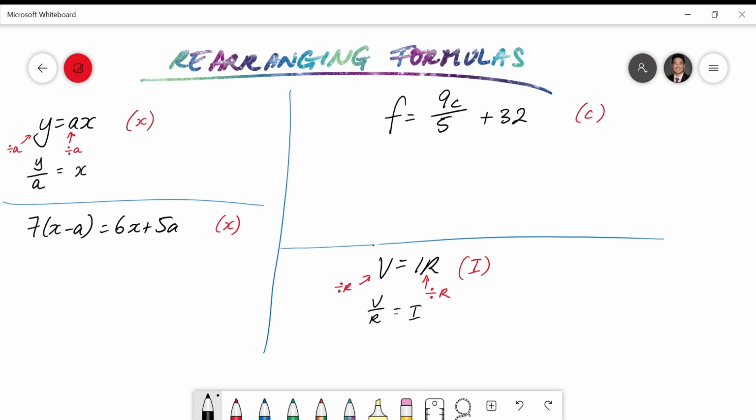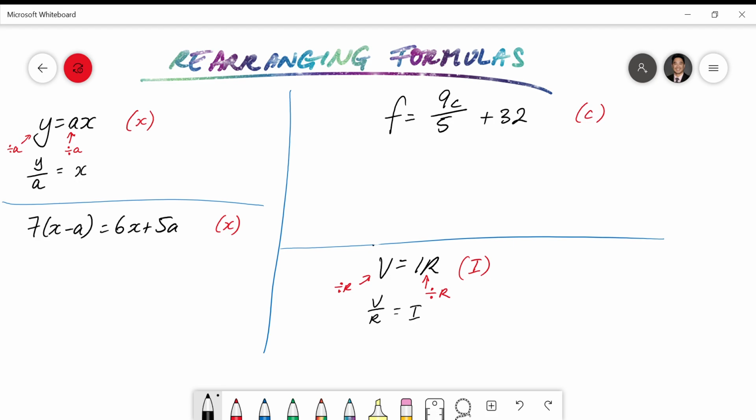Let's move on to the top right. This is a common formula for converting Fahrenheit to Celsius or Celsius to Fahrenheit. In this case, if we want to know the Fahrenheit equivalent of something in degrees Celsius, we'll be using this formula.